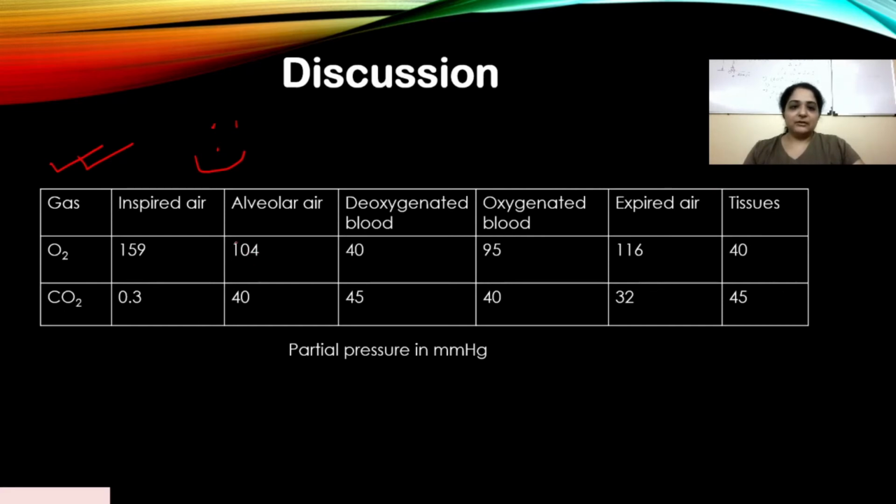So alveolar air is 104 mm mercury and oxygenated blood is 95 mm, deoxygenated blood is 40 mm of oxygen. So if you remember these values, you will be able to answer this question. Alright, let's move on to the next one.